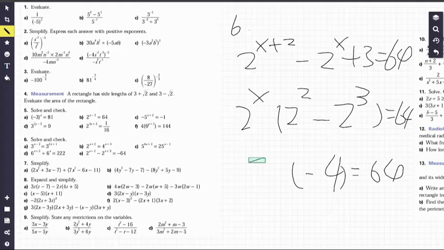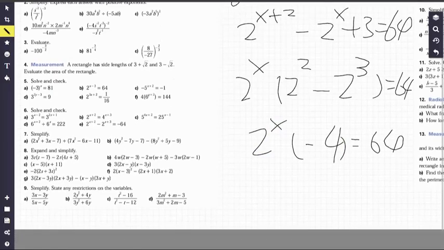So 2 to the x, and then 64 divided by -4 is going to give us -16. 2 to the what power gives us -16? Wait, how can this be a negative number though? Did I do something wrong here? And then x will be a complex root. You can do that.